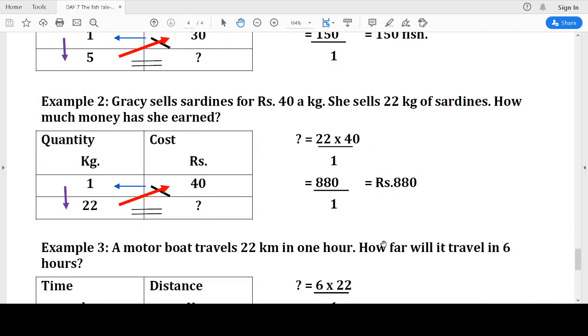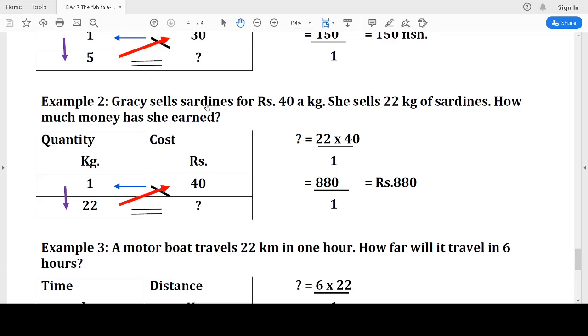Let us see the second example. Gracie sells sardines, which are a type of fish, for rupees 40 a kg. A kg means 1 kg. Remember, when we say each, a or per, these words mean the same thing, that is 1.